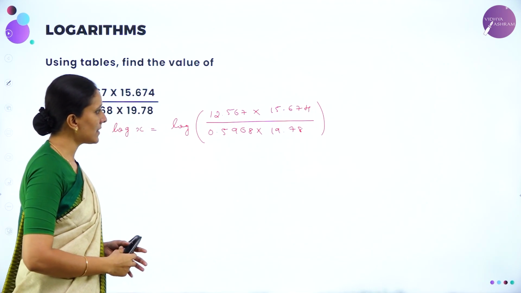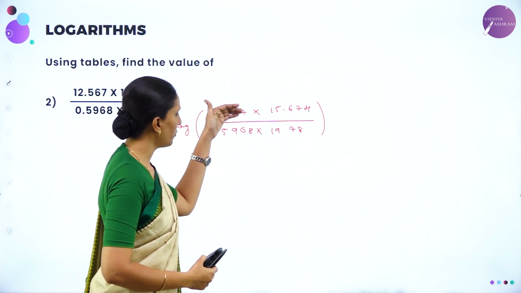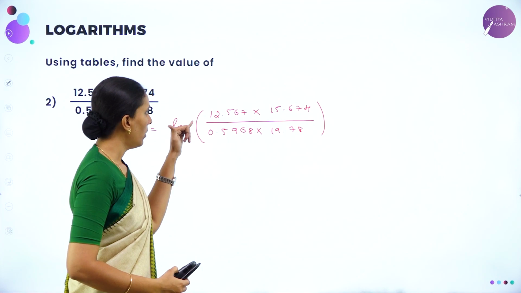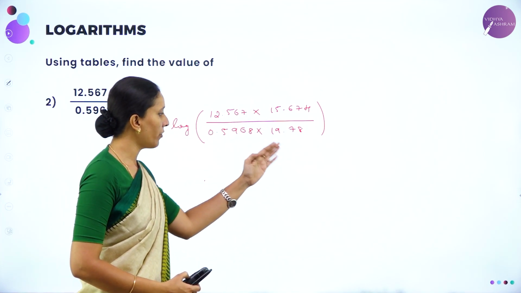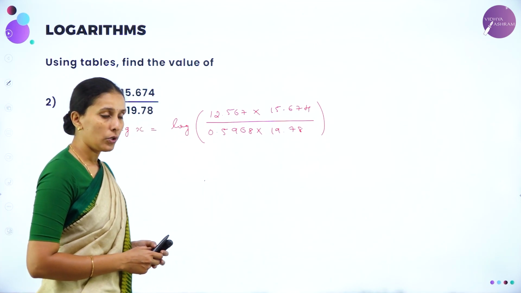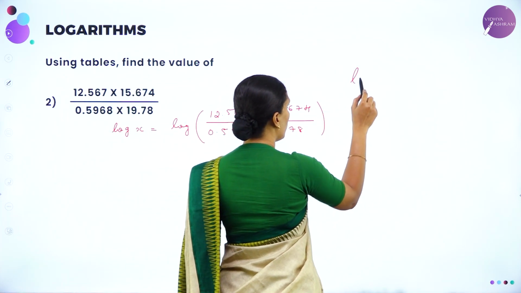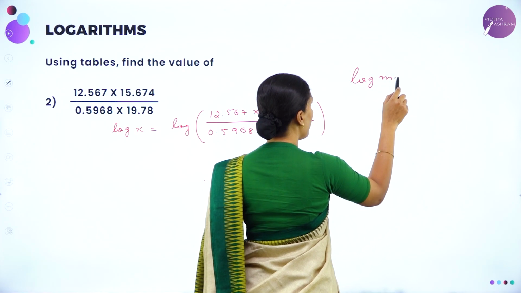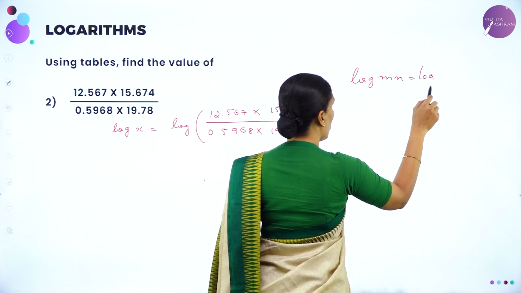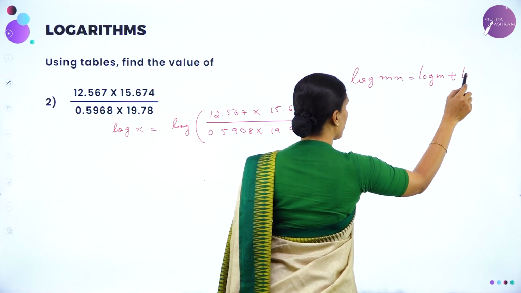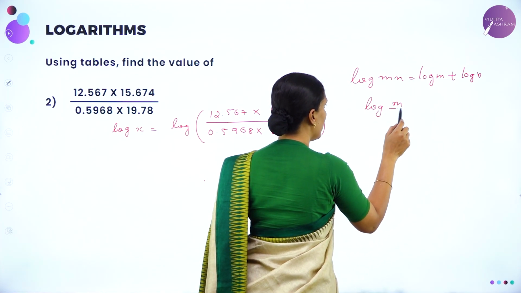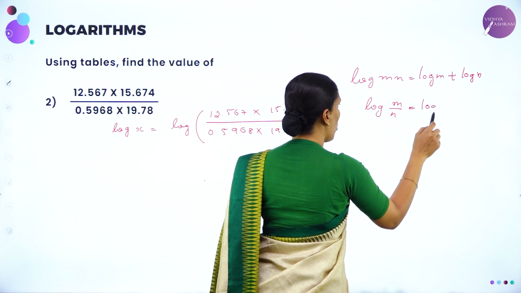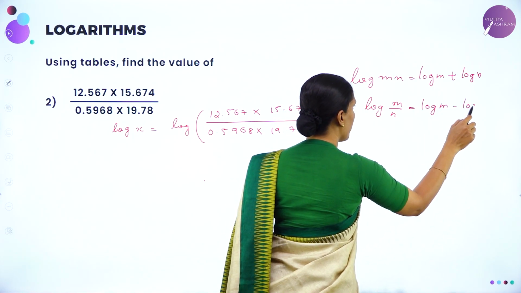Now you can clearly see here, it is in the form of a fraction. In the numerator you have two numbers in the product form and in the denominator also you have two numbers in the product form. Using the properties of log, we know that log mn can be written as log m plus log n. And similarly, anything in the form of m by n can be written as log m minus log n.